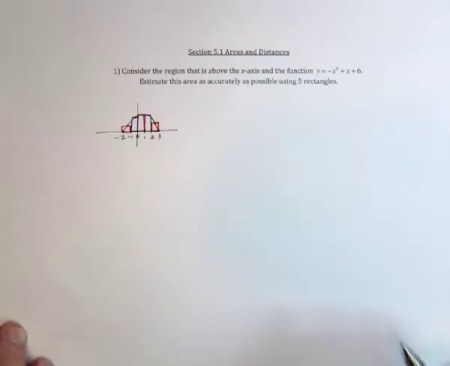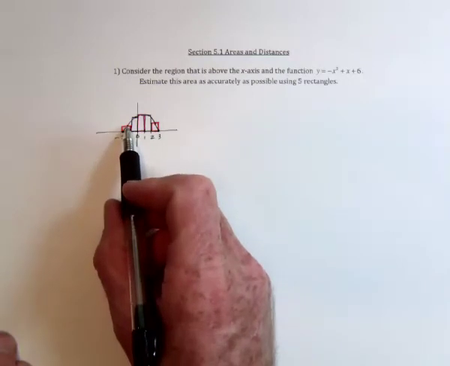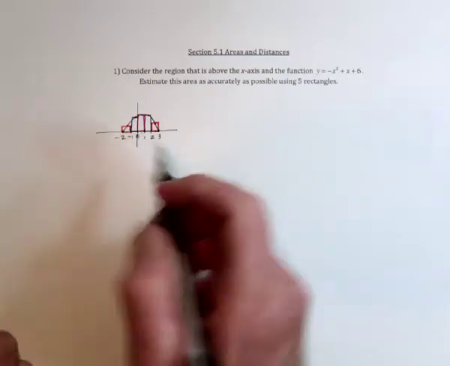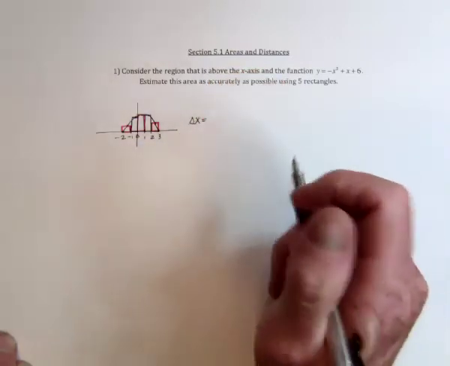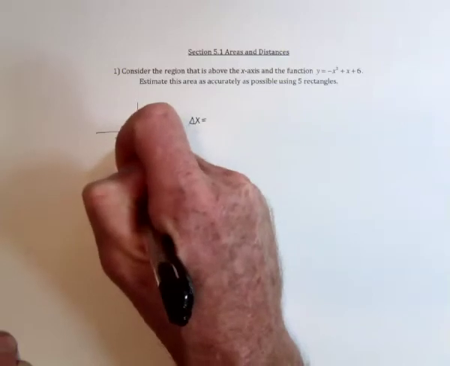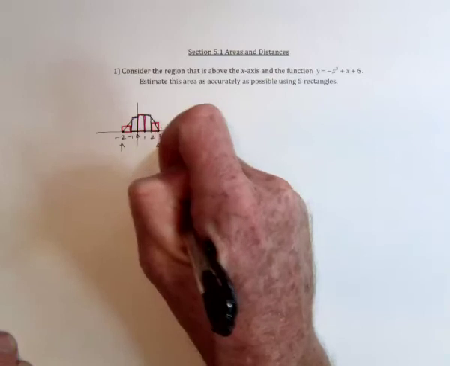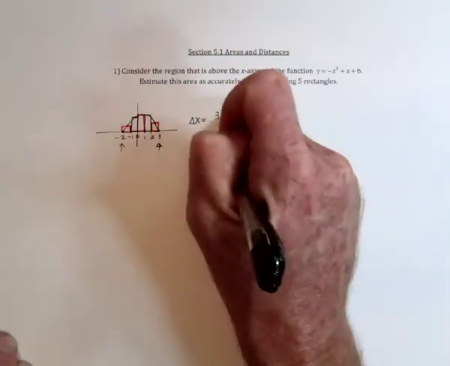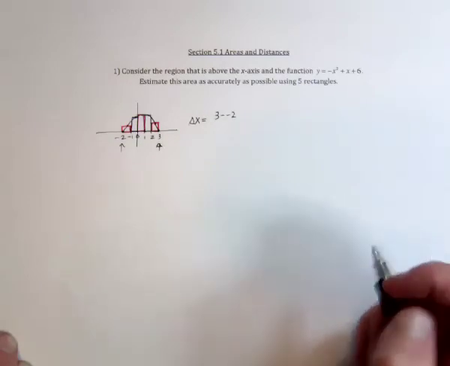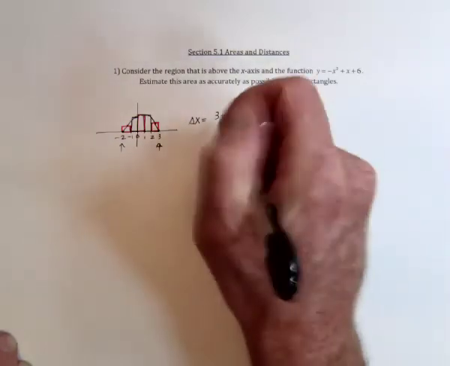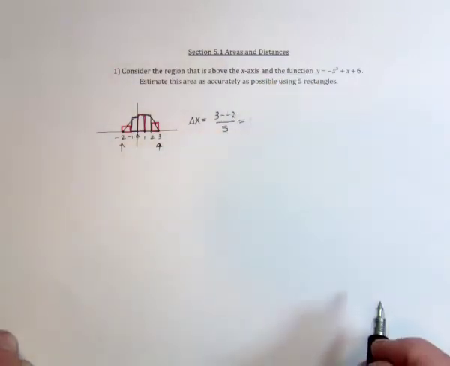So for the area of a rectangle, you need to know the base times the height. Well, the base is 1 for each of these. That in fact is called delta x, or the change in x, and that comes from taking the original 2 x values, 3 and -2, and subtracting them. So that finds the length of 5. And then divide that into, here, 5 different pieces. So the width of each rectangle is 1.